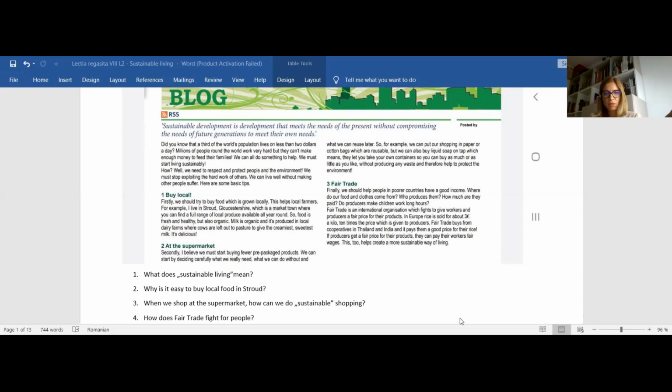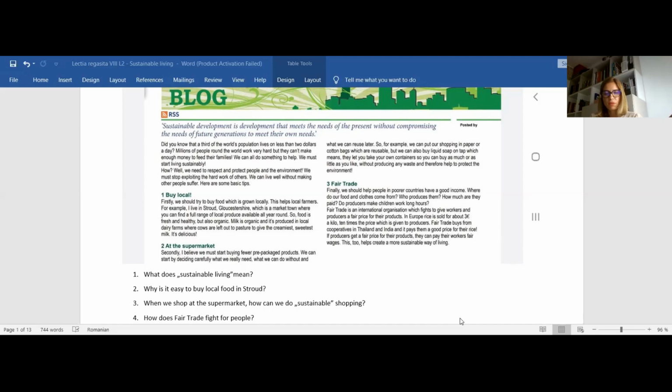We can all do something to help. We must start living sustainably. How? Well, we need to respect and protect people and the environment. We must stop exploiting the hard work of others. We can live well without making other people suffer. Here are some basic tips.